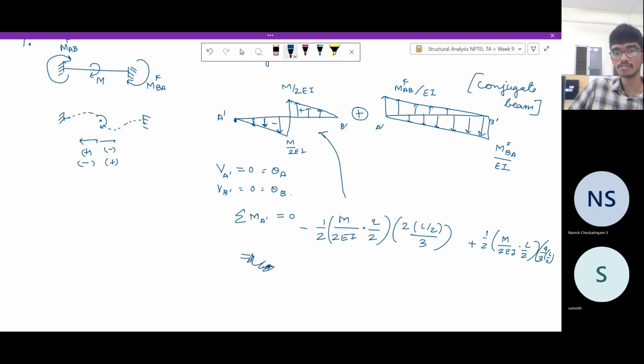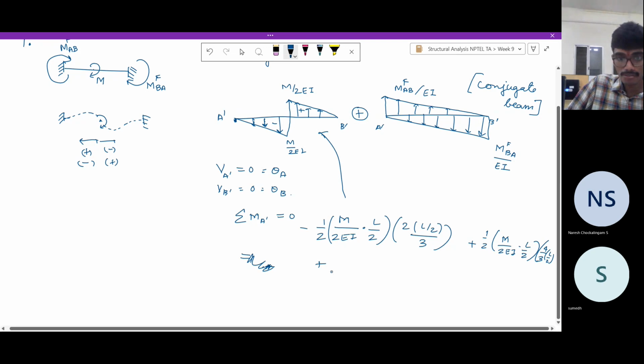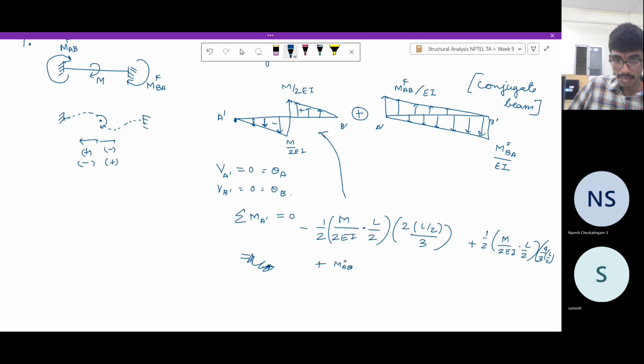We also have this one, right? So again, take moment. So plus, we have a linear distribution. So it is M_AB^F by EI, L by 2. Where does it act? It acts at L by 3, minus M_BA^F by EI, L by 2 acting at 2L by 3. So this is equal to 0.